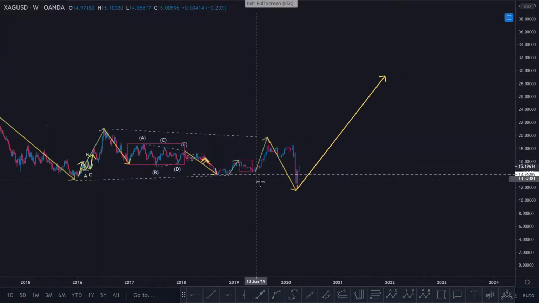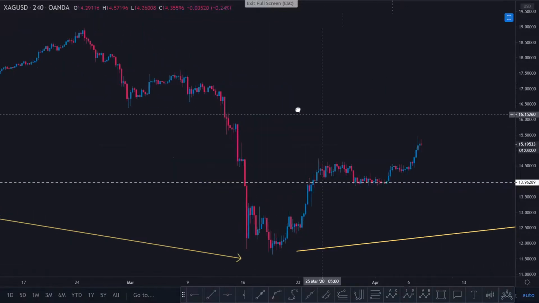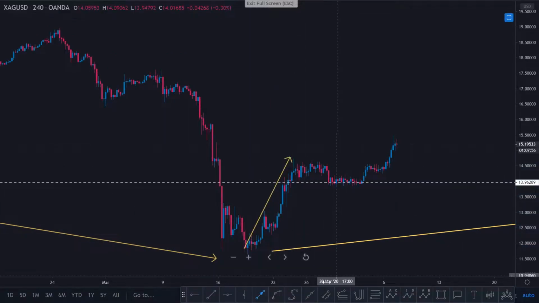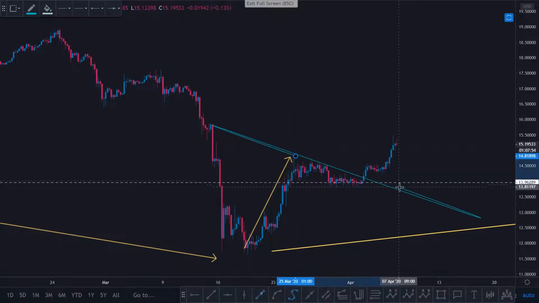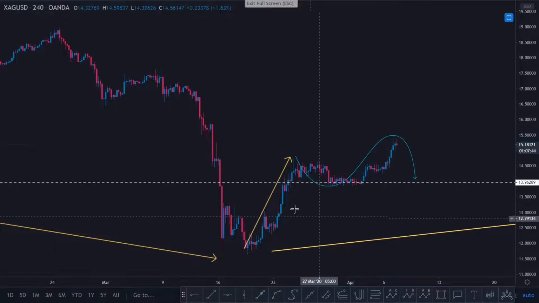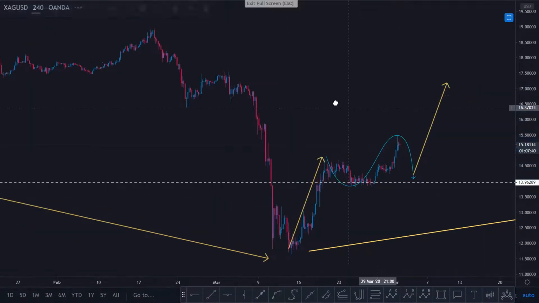So if we are technically complete and we've seen a turn, what we should see, and what we are seeing, is an impulse to the upside. We've seen some corrective price action. This correction might not be over. We might see this correction do something like this, and then we have an impulse to follow to the upside.